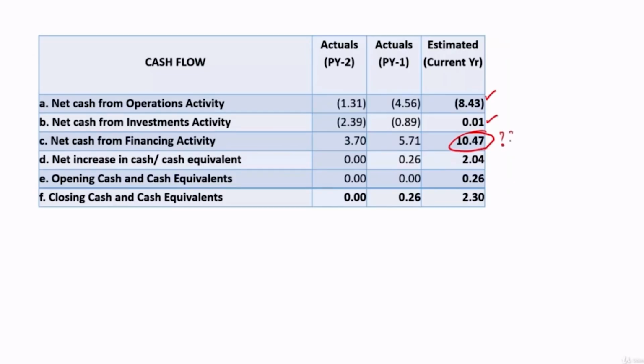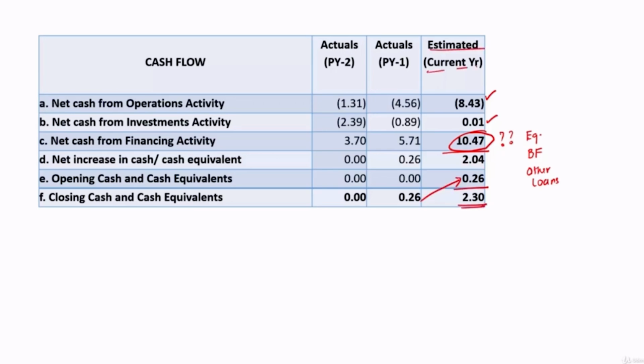So what are the sources? How much is coming from equity? How much is coming from bank financing? How much is coming from other loans? All those have to be listed out here, and eventually if you total this, they will have 2.04 crore cash generated during the year. With that, if the opening balance is added, closing will be 2.3.